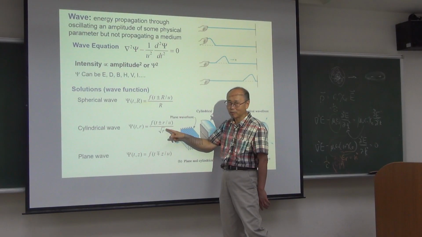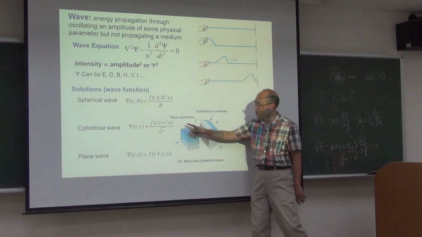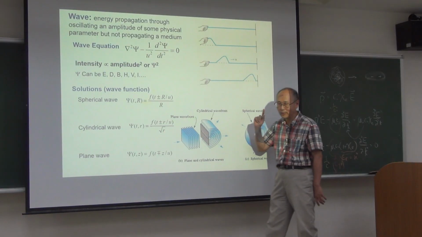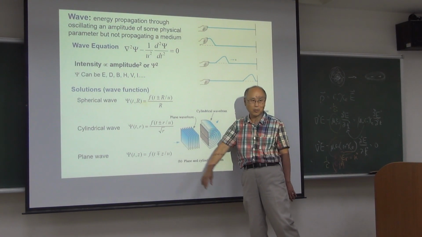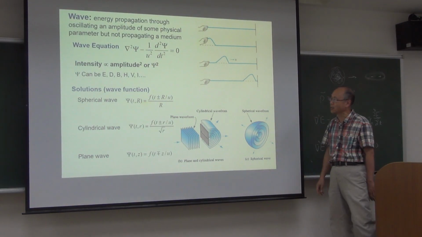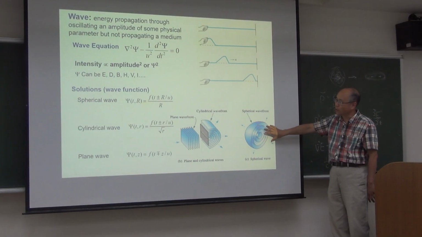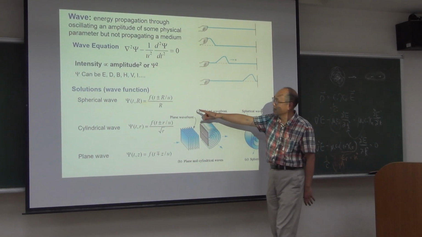And because of power conservation, I talked about this when I lectured on the electromagnetic wave, you're going to have a 1/square root of r dependence for a cylindrical wave. And I also talked about this last week because I'm still teaching the electromagnetic wave this semester. And if you have a spherical wave, then the general solution is going to have this form.